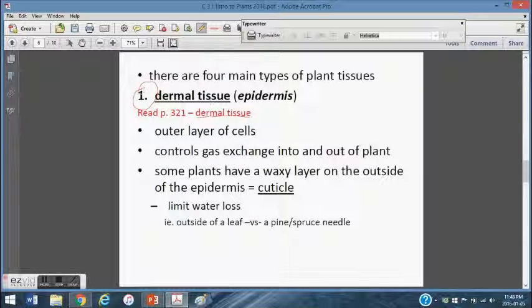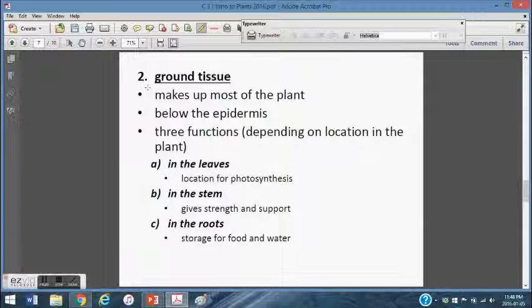Second type is called ground tissue. Now, ground tissue is sort of a generic term for the type of tissue that makes up most of the plant. It's what you get when you go below the epidermis. Depending on where in the plant we're talking about, ground tissue has 3 different functions. If it's in the leaves, ground tissue is the location for photosynthesis.